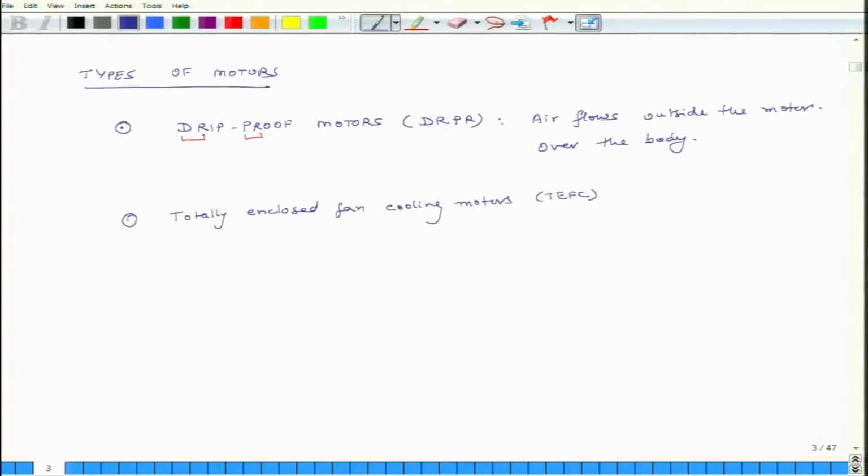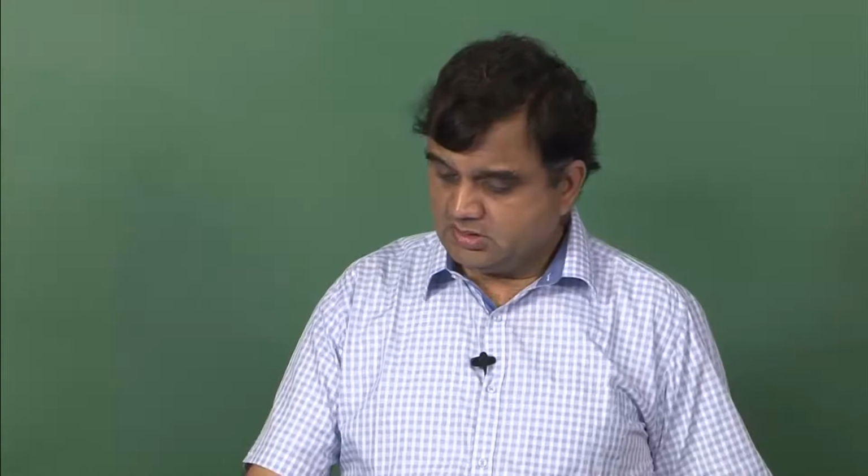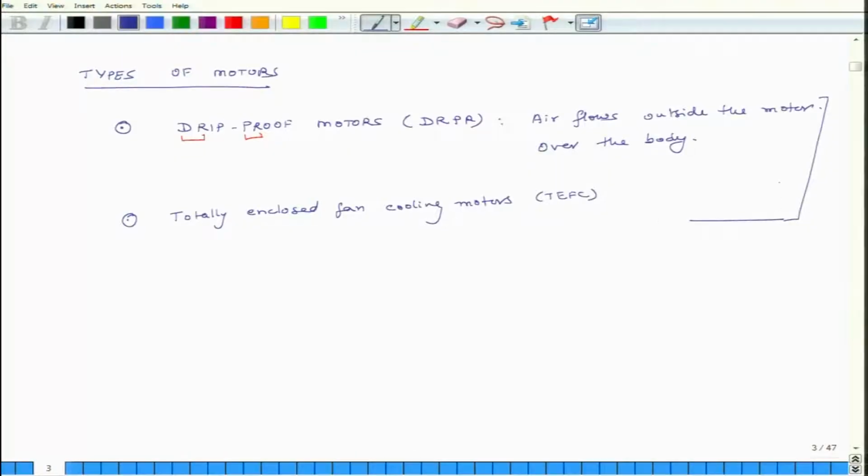Here the encasing, there is an internal fan in the motor, and that pushes the air, and that makes sure that all the windings and internal things get cooled down. So, based on these two things, the noise generated by motor gets heavily influenced. Okay. So, we have DR, PR and then we have TEFC, where we have an internal fan which pushes air and it actually cools the whole thing.